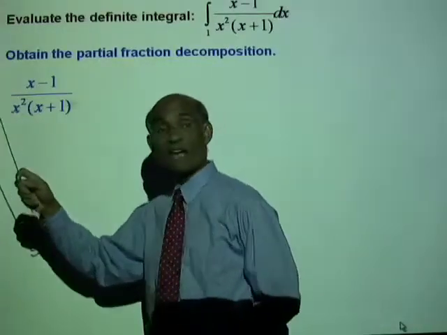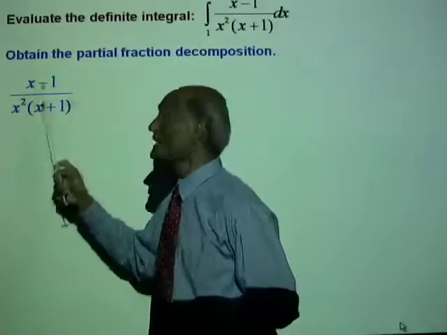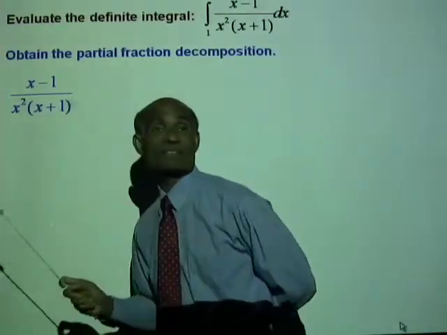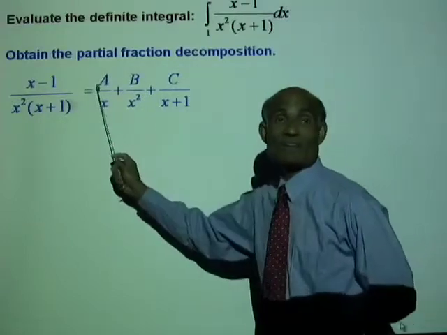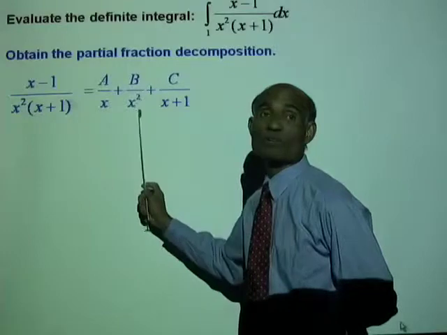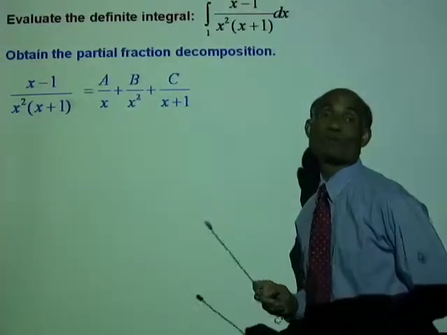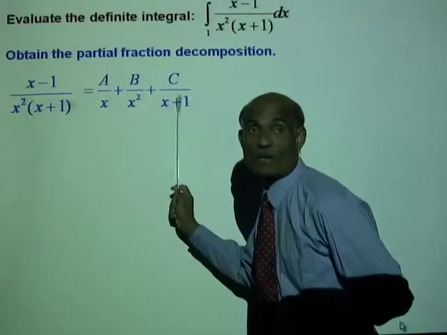So we could write it as a over x plus b over x squared, and x plus 1 is the linear factor, that will be c over x plus 1. There you go. So this will be a over x plus b over x squared plus c over x plus 1. And take the common denominator.